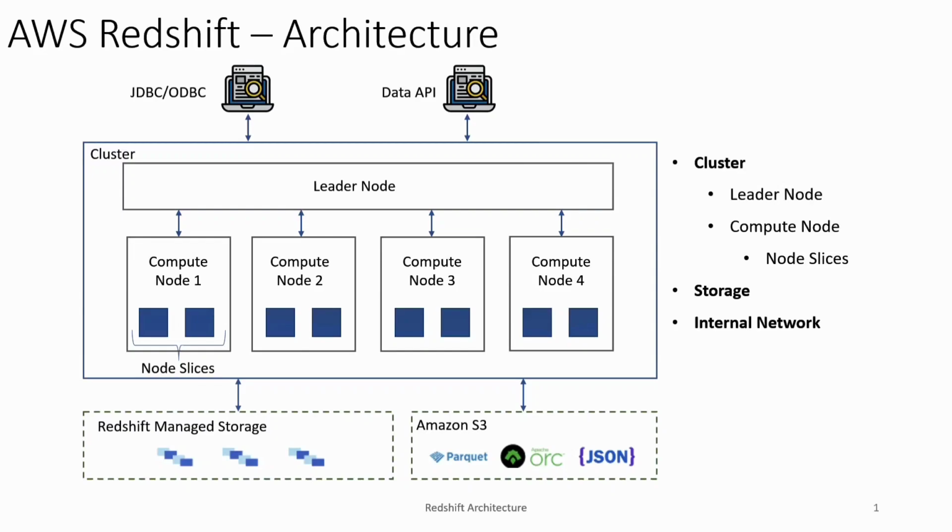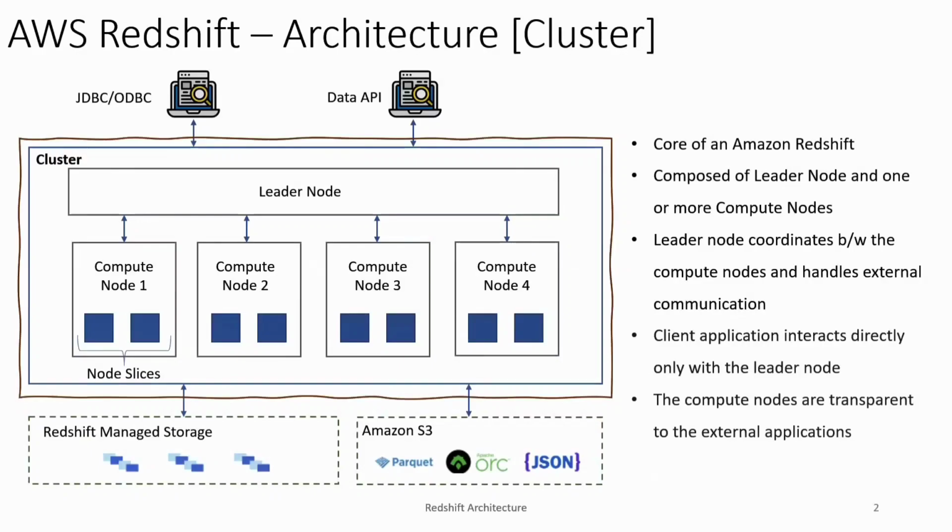We can store data and we can connect to data by these connections. Okay, and the cluster is the core of Redshift, composed of a leader node and one or more computing nodes. Here we see nodes 1, 2, 3, 4.